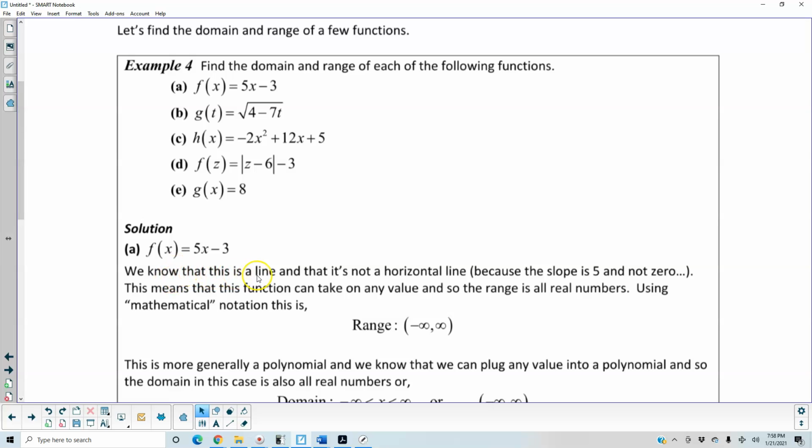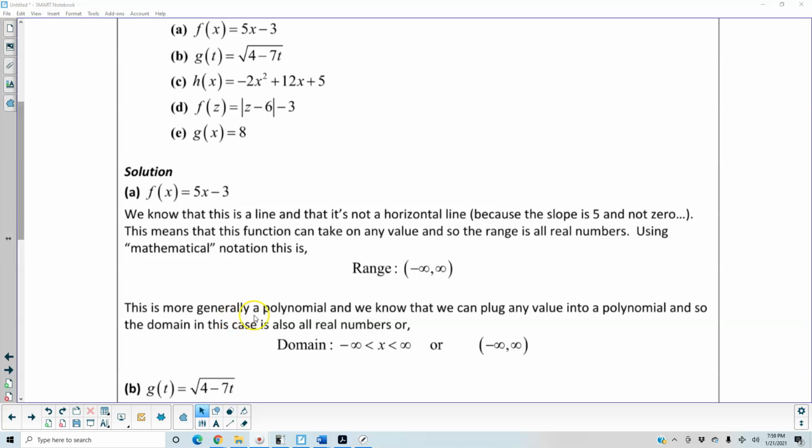We know that this is a line and that it's not a horizontal line because the slope is 5 and not 0. This means that this function can take on any value, and so the range is all real numbers. Using mathematical notation, the range is equal to left parenthesis negative infinity to positive infinity right parenthesis.